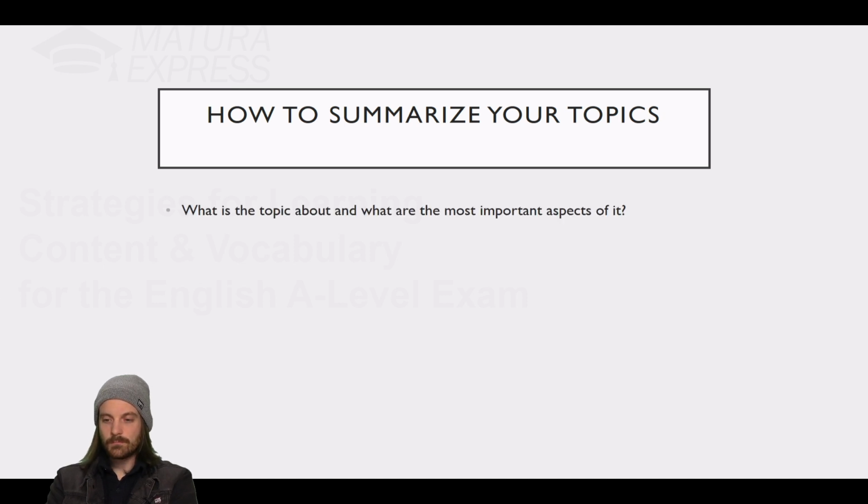So a good way to start is just to start thinking what is the general, or what are the most important aspects of the topic. And what is the topic about? So maybe just brainstorm about it, or think about it, or use the book you have or the books you have, and try to find out what are the most important aspects, what is this topic all about, and so on.